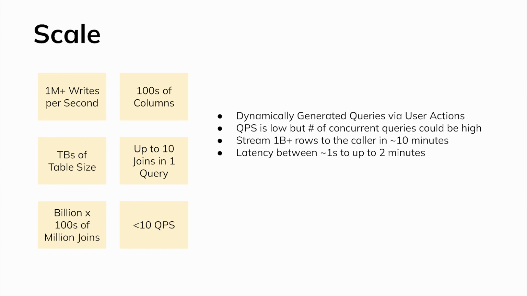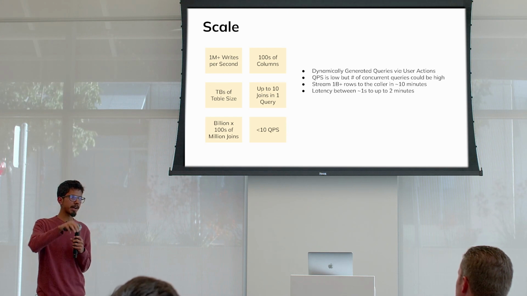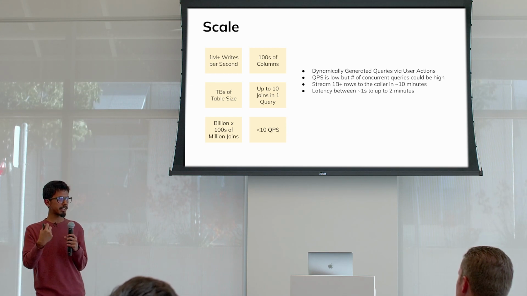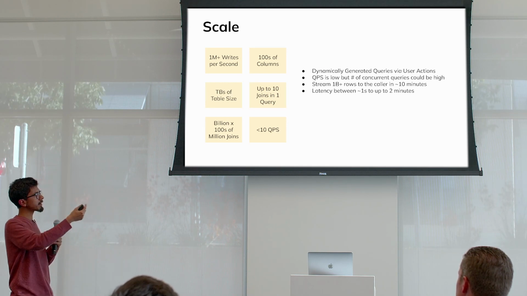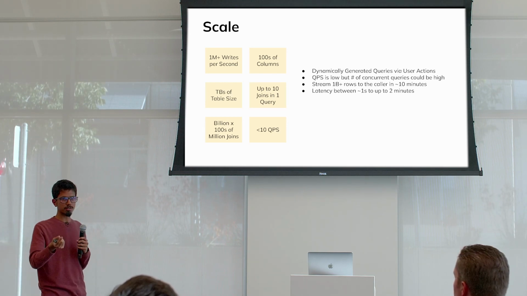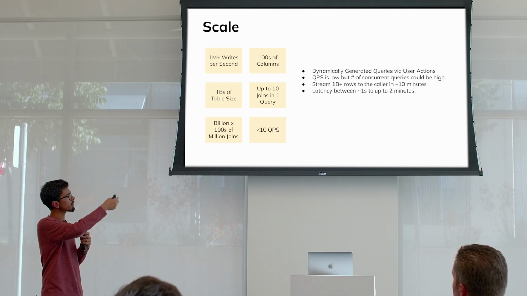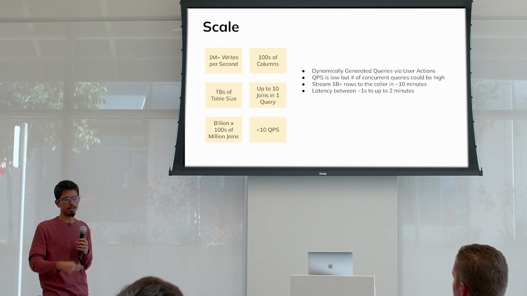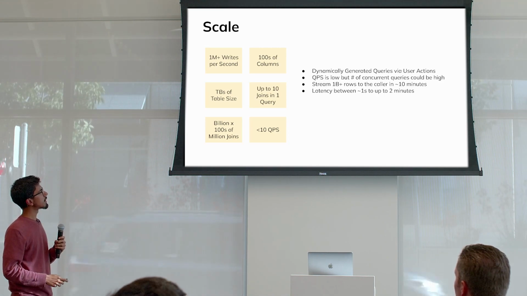Usually what happens with Pino is that the queries are hard coded in your backend service, so it makes it easy to predict the query pattern and the query load. But with this kind of pattern, people can generate any sort of joins. So one hour you won't have anything. The next hour someone is running billion cross 100 millions of joins, and you'll have a different performance altogether. So that was also one thing which added to the challenge of this.